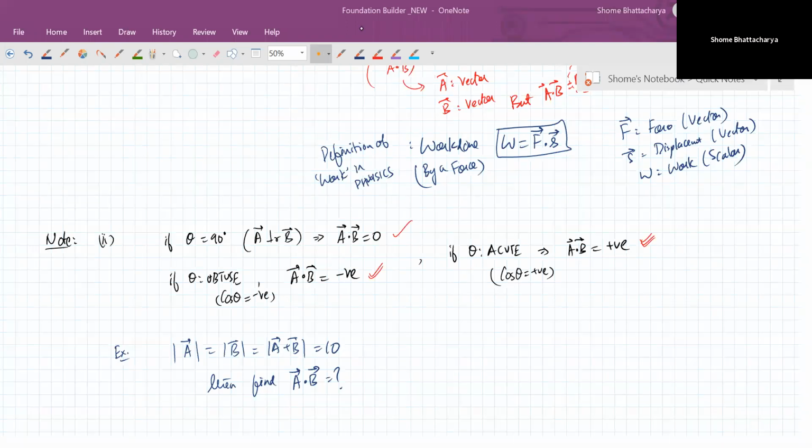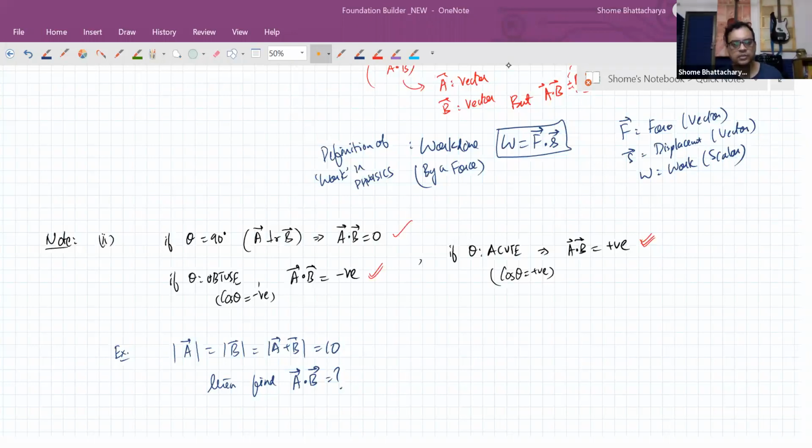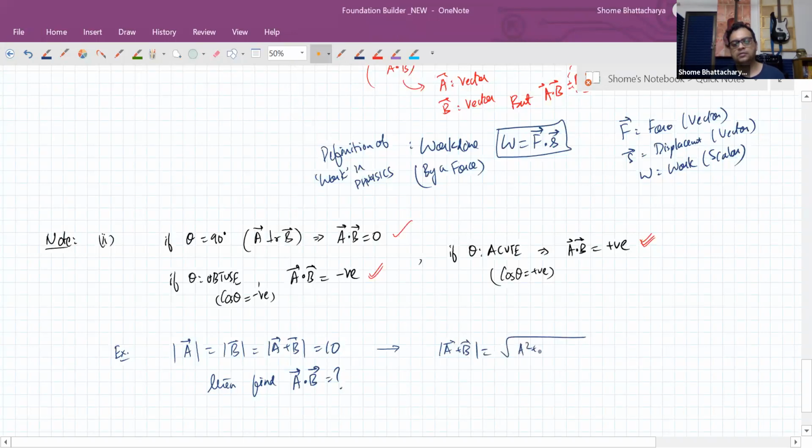You should be getting the answer as a negative quantity. Because see, for mod A plus B, you can use this, or because A is equal to B, you can also use mod A plus B is 2A cos theta by 2.